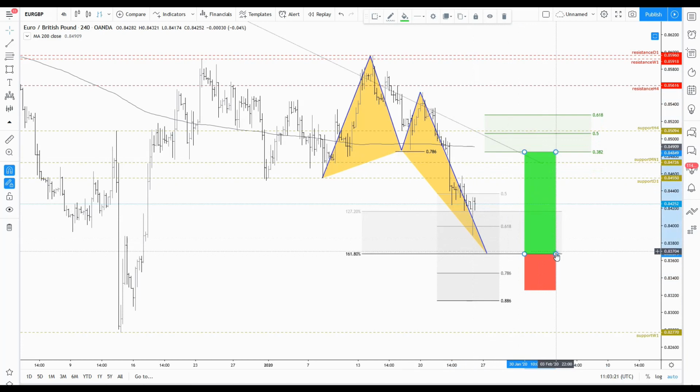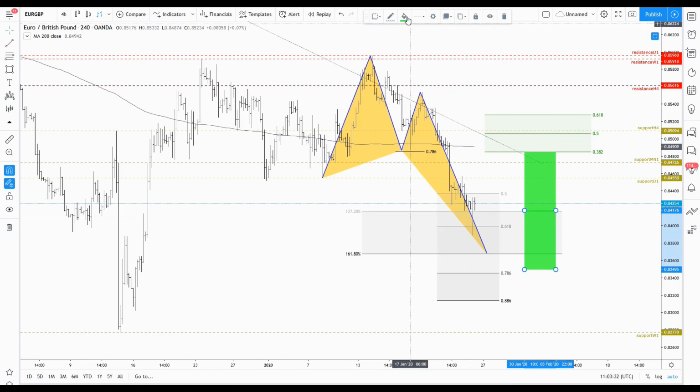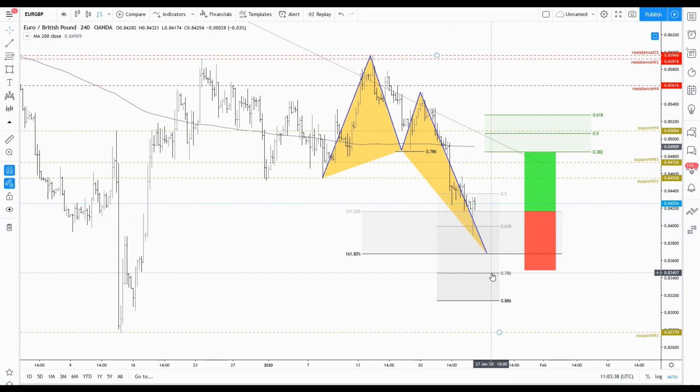We target the 38% fib from our entry, and let's use a one-to-one risk reward again as an example. Okay, one-to-one risk reward, so we will be forced to put our stops very close to the 78% fib. So I don't think it makes any sense.